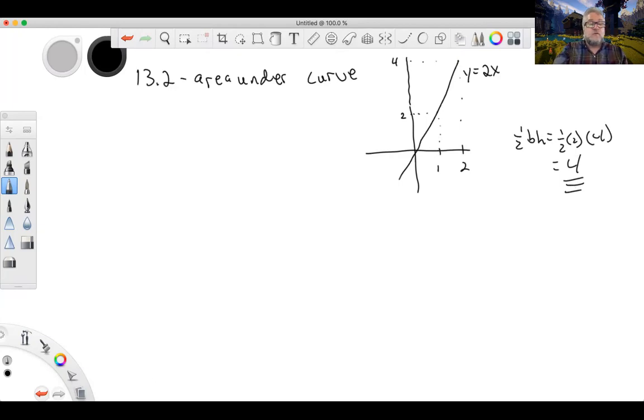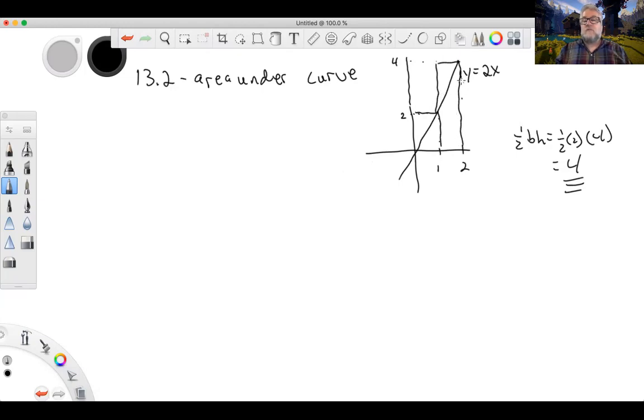But I want to use some calculus because that was not fancy at all, and I want to be fancy. And so what I can do to estimate the area underneath a curve is to use rectangles. I can use this rectangle here and then this rectangle.